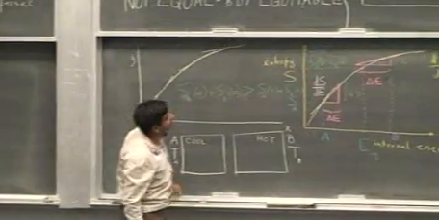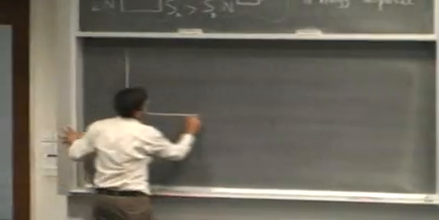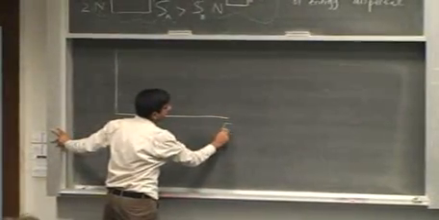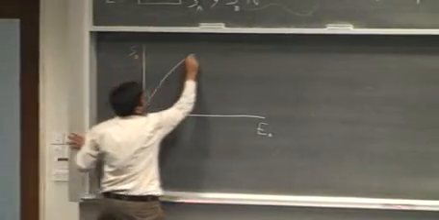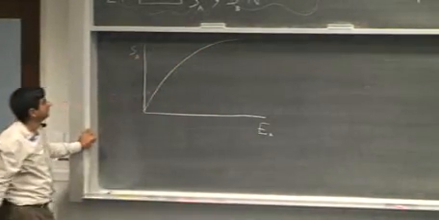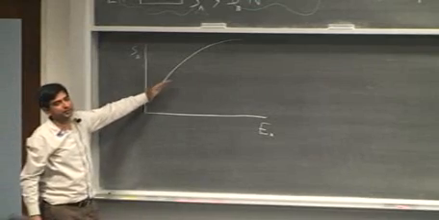That is why I come back to this graph here. This is EA, this is SA. It's a positive slope here.